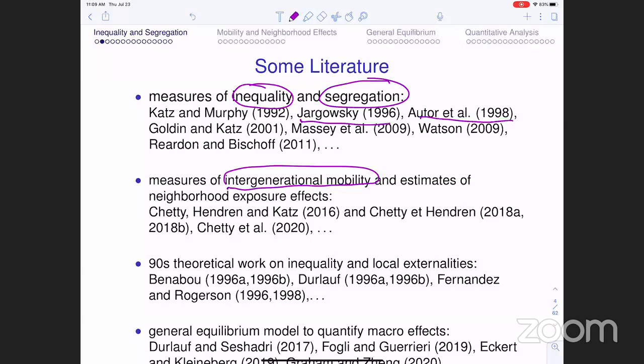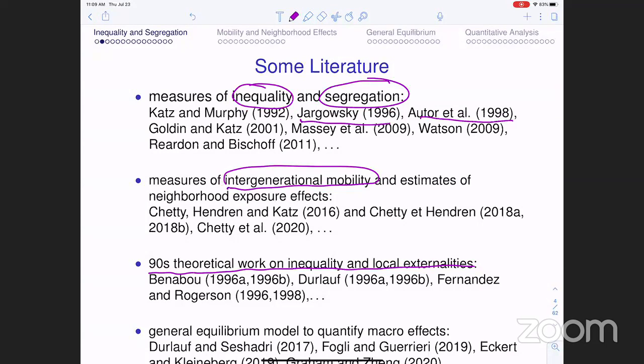Now, this is on the data side. On the theory side, in the 90s, there has been an interesting body of work developing theory models to think about the link between local externalities, neighborhood externalities, and inequality.